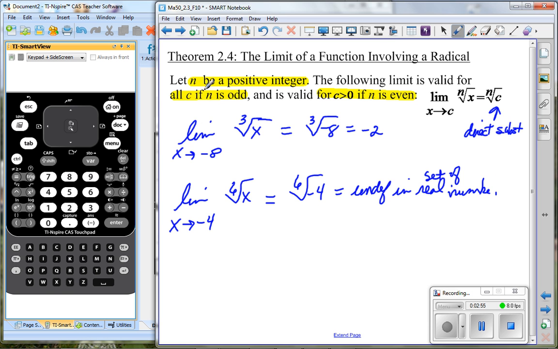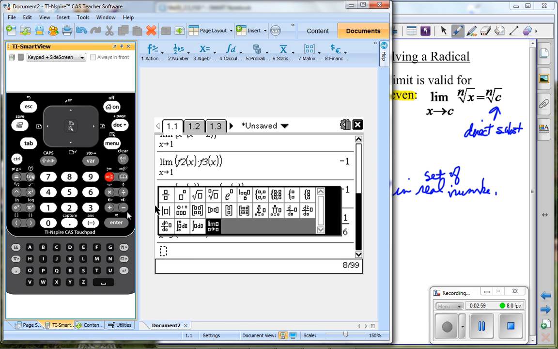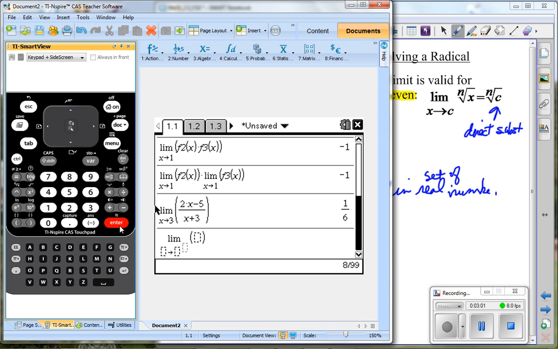Okay, let's see what happens on the Inspire, just to make sure that we've got this. Let's go to our template, and the first one is x, and we are approaching -8. Just want to call your attention, remember you have to use the change of sign key. So -8, and then we're going to look at this for the cube root.